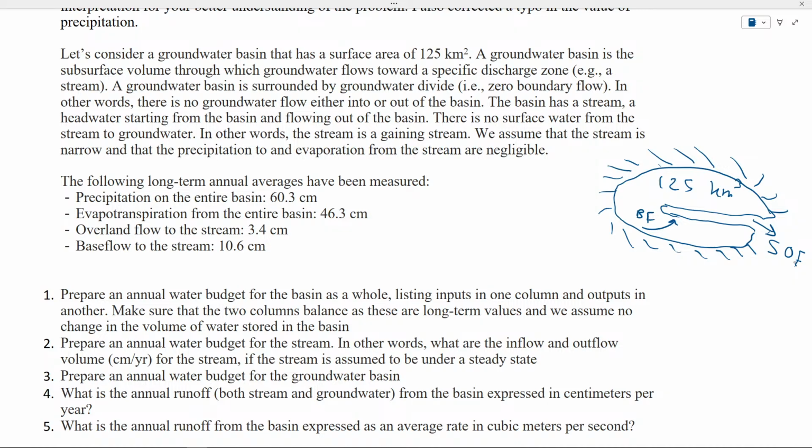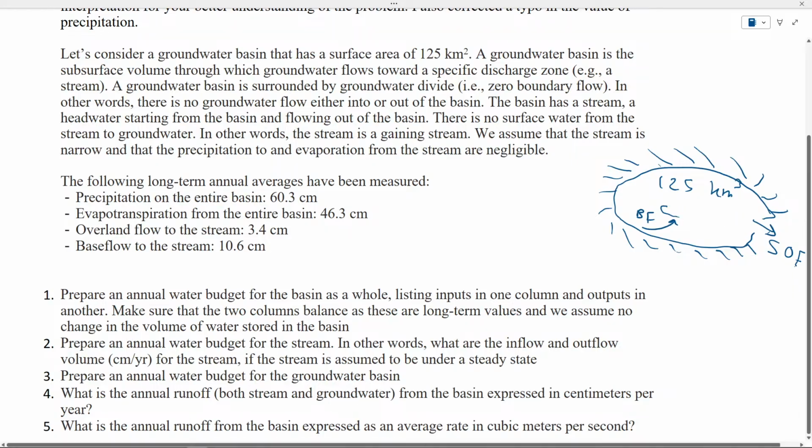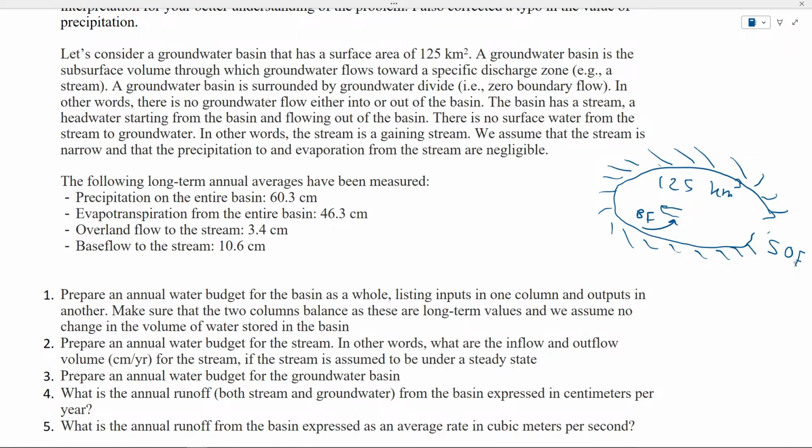If this is the basin, 125 square kilometers, the stream would be just a few meters. You wouldn't even see it here. It would be just a line. Even if it is 5 or 10 or 20 meters wide, it is negligible compared to 125 square kilometers.